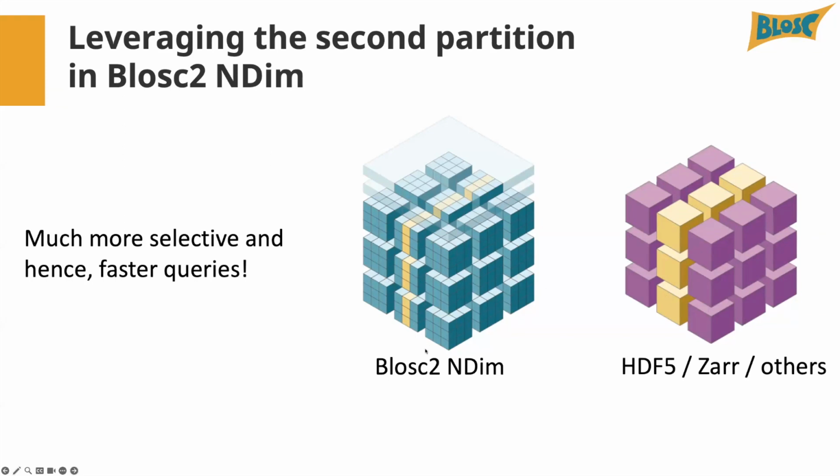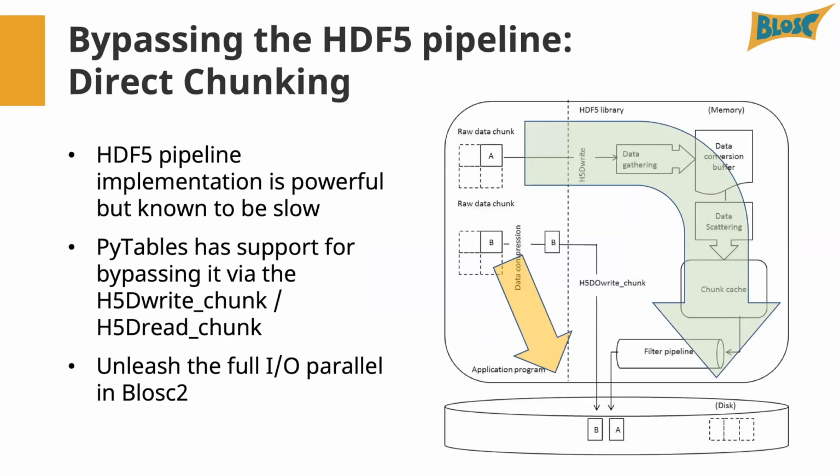Whereas with Blosc2 NDim, we can be much more selective and hence get faster queries in retrieving all these hyperslices, because we need to retrieve far less data, and that means more speed, of course.